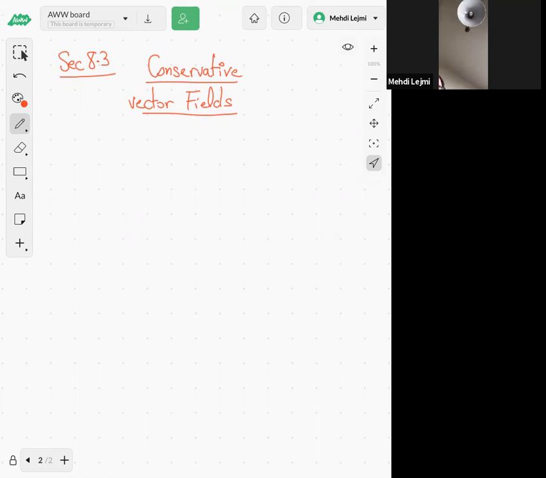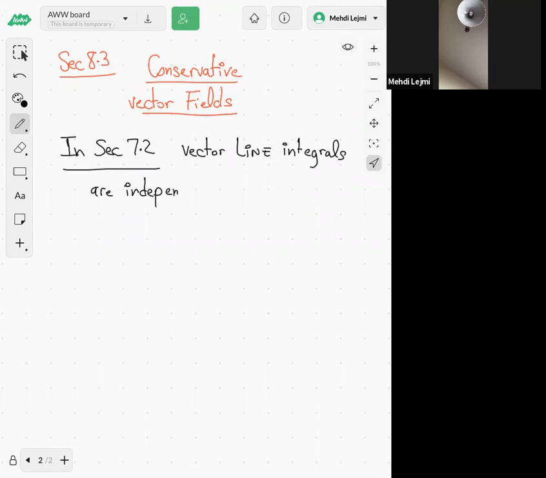So what I'm saying is that in section 7.2, when we discussed vector line integrals, we said they are independent of the parameterization of the curve.